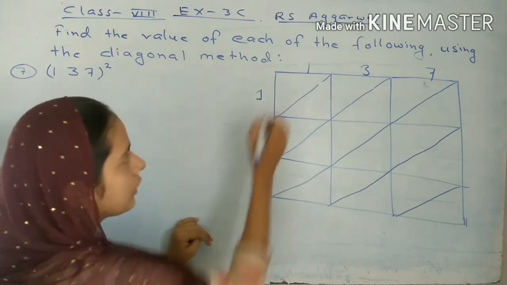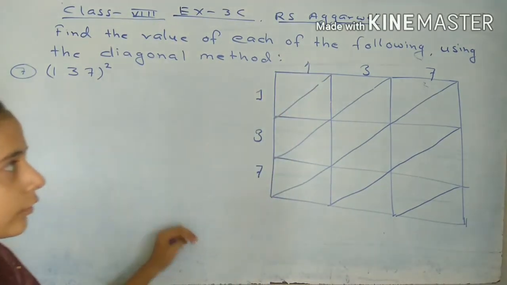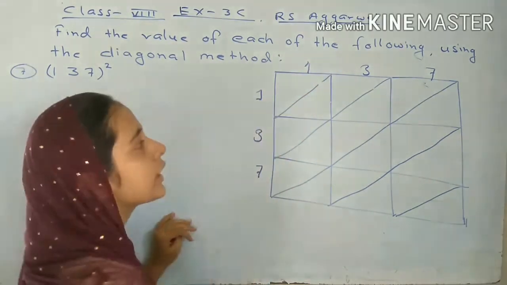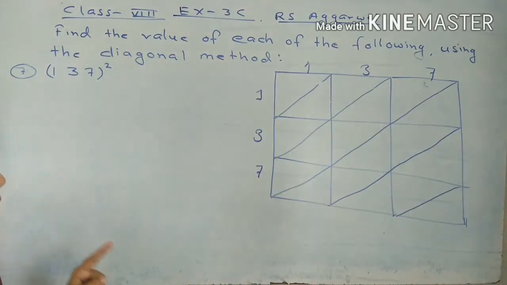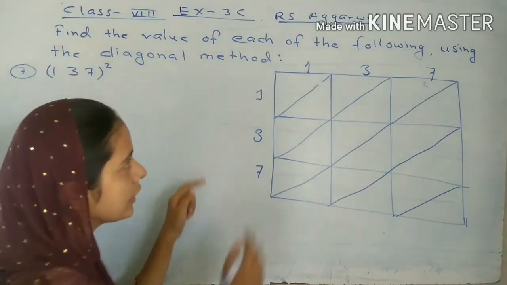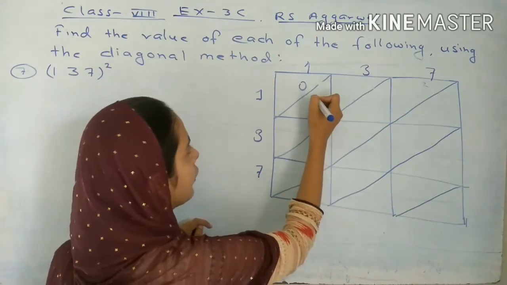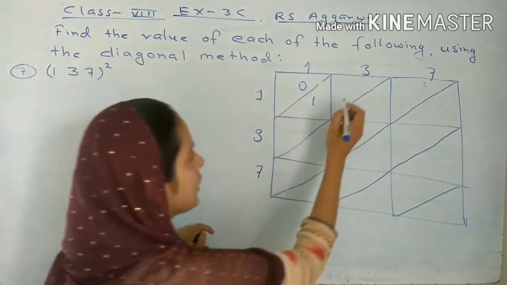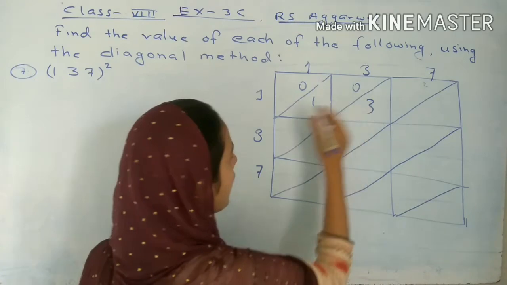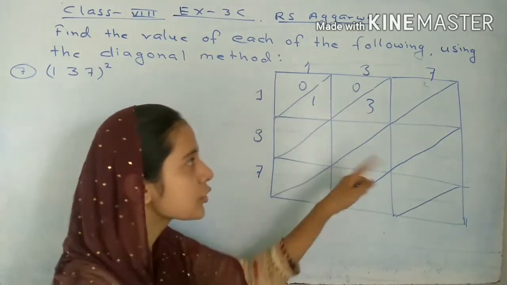Now we will multiply from the left side. So 1 1 is a 1. When we multiply, if there comes only one digit, in the first place we will write 0. And here 1. And 1 3 is a 3, so 0 and then 3. And 1 7 is a 7, so it will also be 0 and 7.